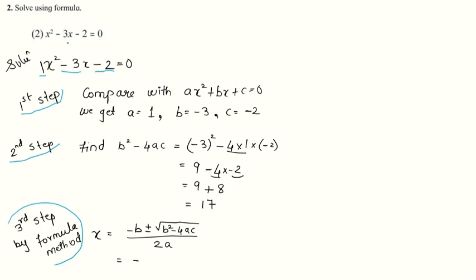This minus sign, what is b? It is minus 3. Okay, plus or minus square root of, what is b square minus 4ac? It is 17, upon 2a, 2 into a is 1. So here, how did we get b square minus 4ac? From where did we get 17 here? It is from here, b square minus 4ac.